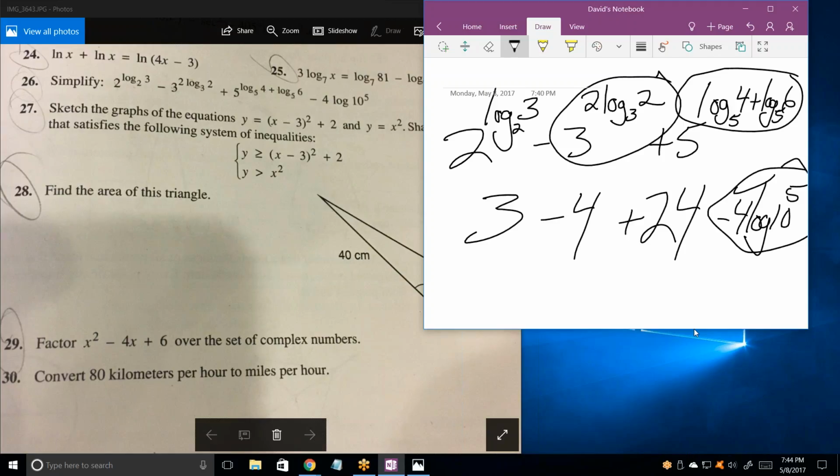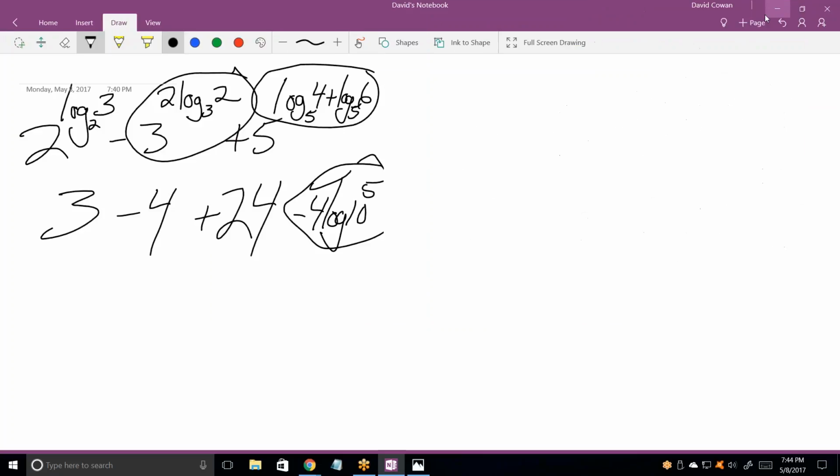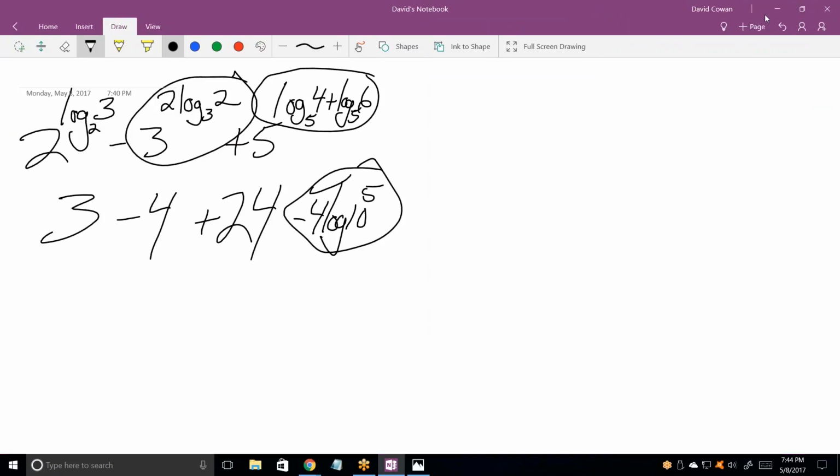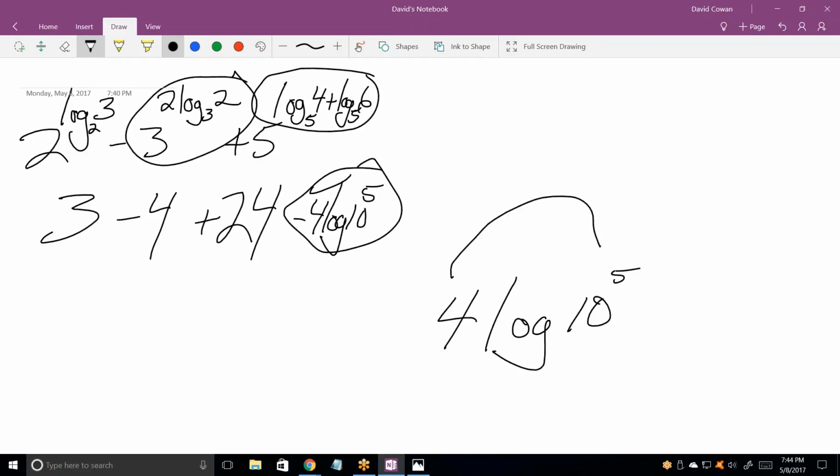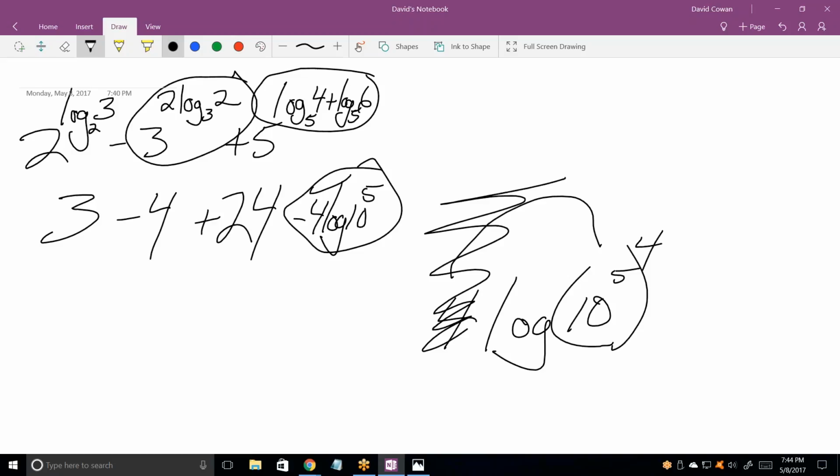In other words, if I talk about just this expression right here, if I want to bring that up there, then it's got to be like this, right? Now I multiply exponents.